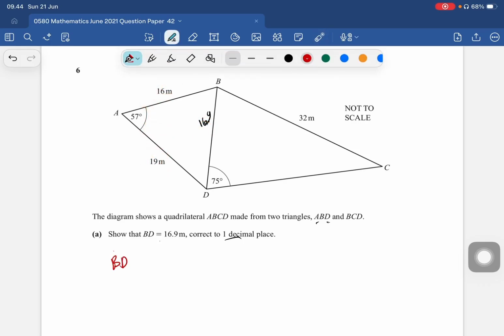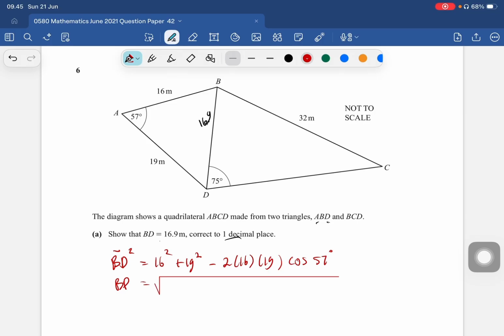So BD square equals AB, which is 16 square, plus 19 square, minus 2 multiplied by 16, multiplied by 19, and we multiply by cos of 57 degree. So BD is the square root of 16 square plus 19 square minus 2 times 16 times 19 times cos 57.